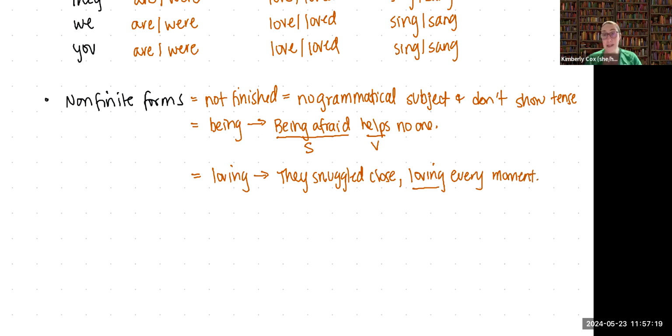Loving every moment on its own is not a complete sentence, right? Snuggled here is actually our verb. It has a tense and it has a grammatical subject. Loving is functioning like an adverb. It's commenting on the sentence overall, telling you how they felt about snuggling.